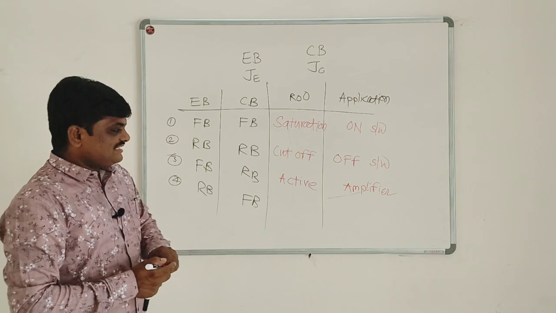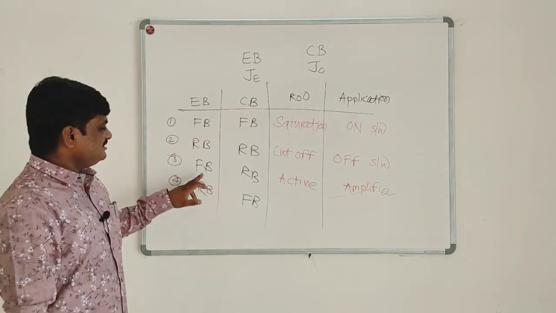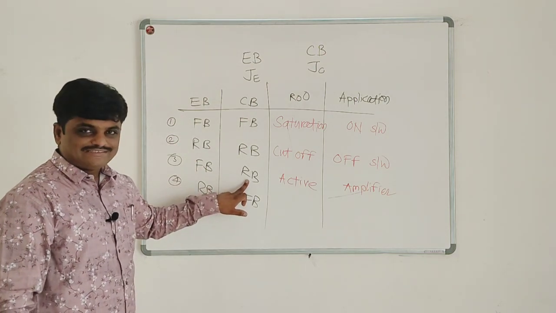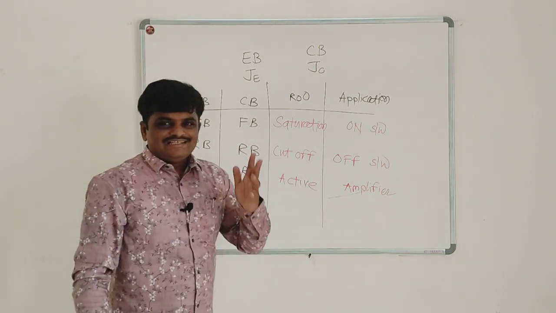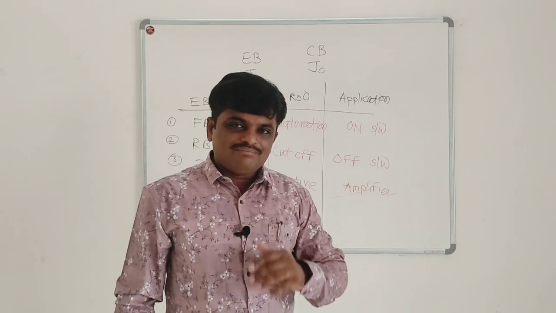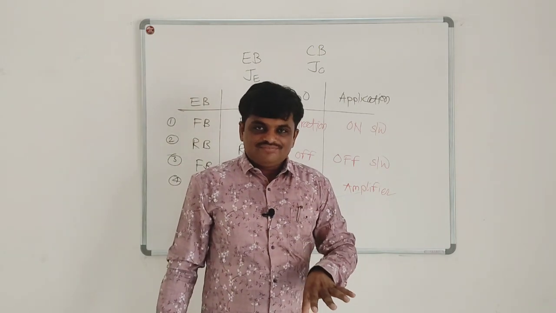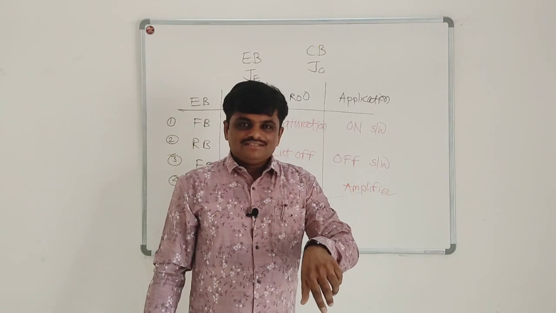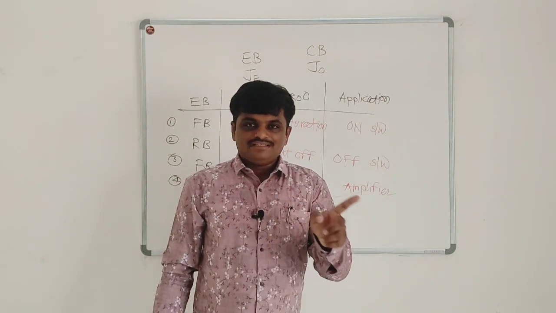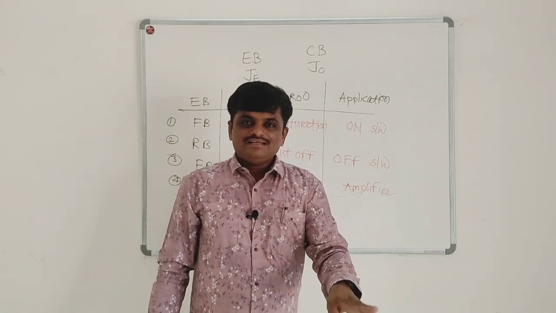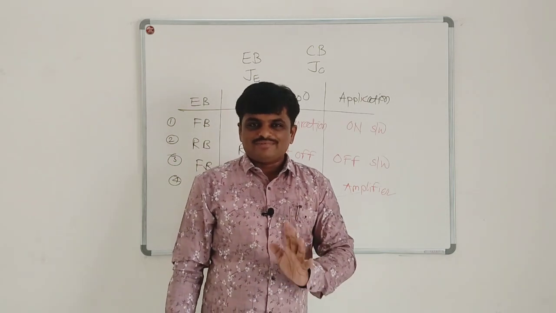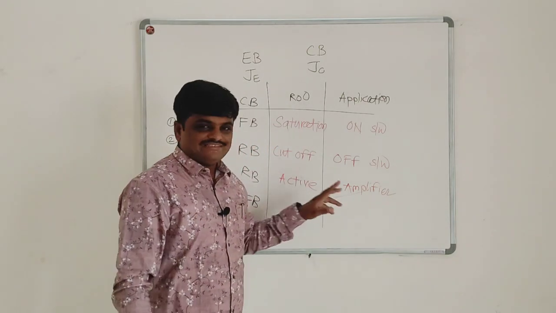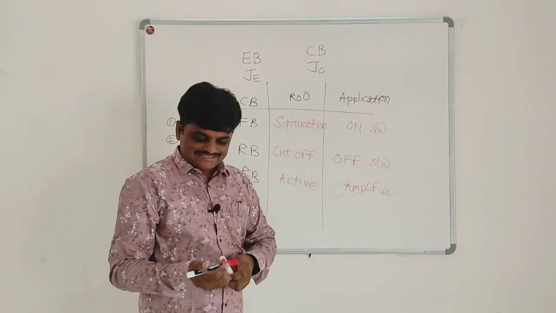How to remember this? In ABCD alphabets, after E we have F: A, B, C, D, E, F. So emitter base EB, forward bias FB, E, F, that's it. Emitter base forward bias, collector base reverse bias, then the region of operation is active, and in active region transistor acts as an amplifier.